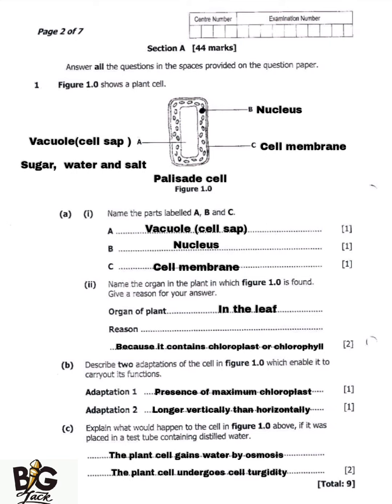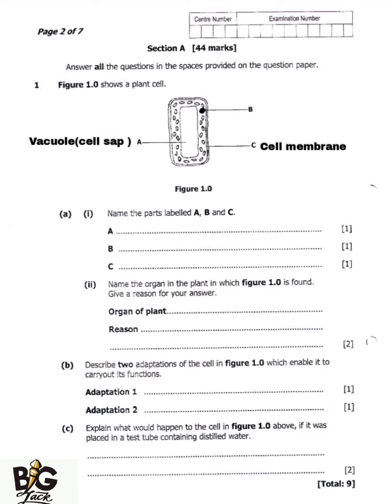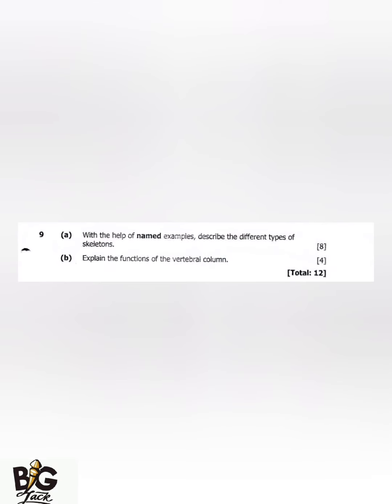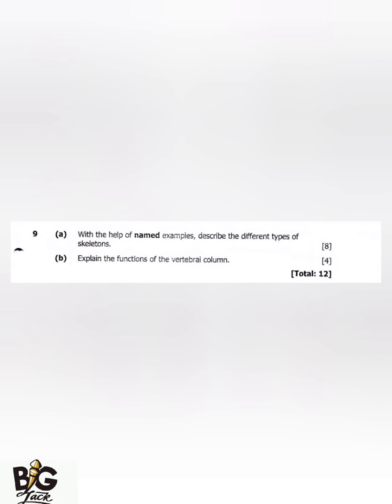Yeah. So let's move on to the next one, which is one of the divisions for locomotion. The first question, question A, says: with the help of named examples, describe the different types of skeletons.